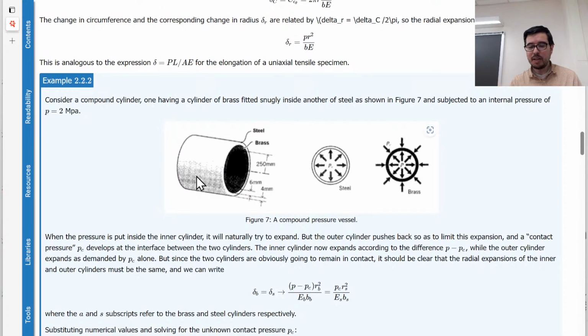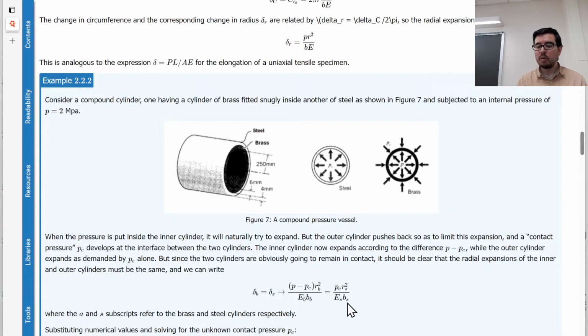So you have a hollow inside cylinder, and then an outer cylinder. One's made of one material, one's made of another material, and then there's this interface between the two, because you go from one material to another. That is what they call a contact pressure or interface pressure between the two.